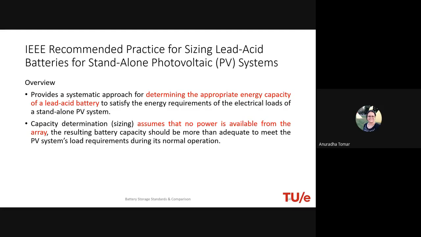For example, if you are sizing a battery for a refrigerator at a remote location, running on photovoltaics, what should be the steps or the important points? And if you are designing a system for a house in a remote area, what could be the parameters? Different examples with calculations are provided.